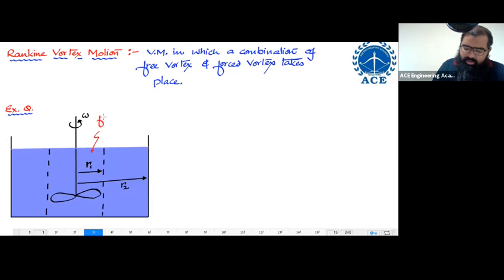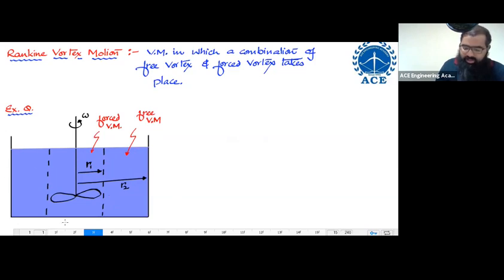This kind of vortex motion is forced vortex motion. Now, in the outer region, you're not having any external torque acting by any external source on this fluid body, but this fluid body also is going to experience some vortex motion. This kind of vortex motion is free vortex motion.